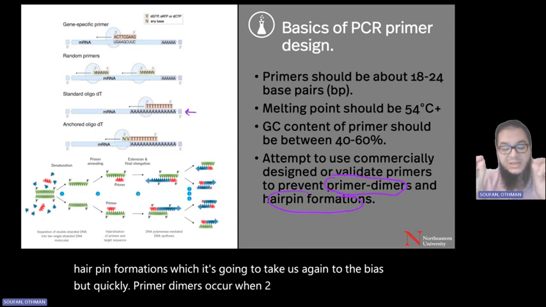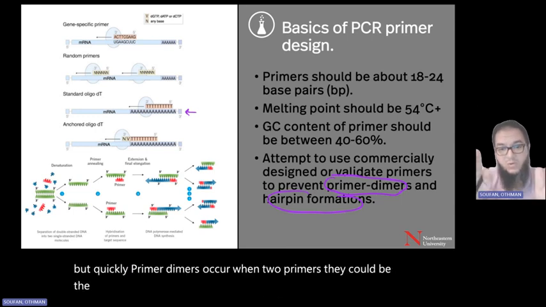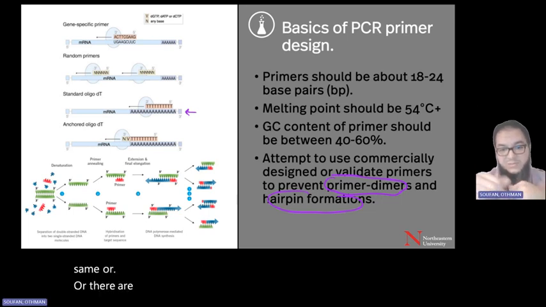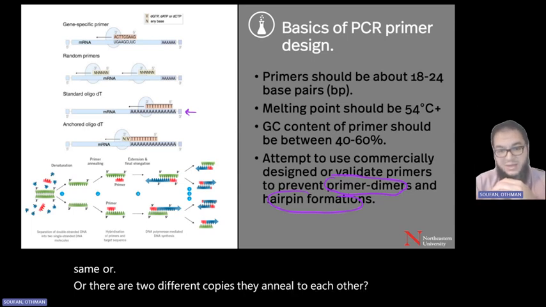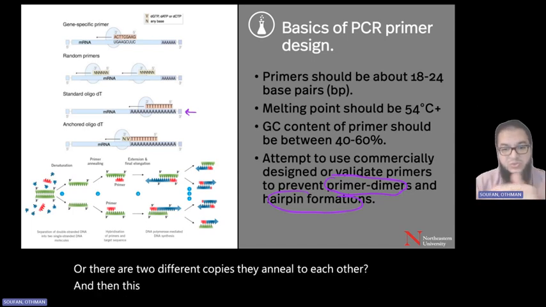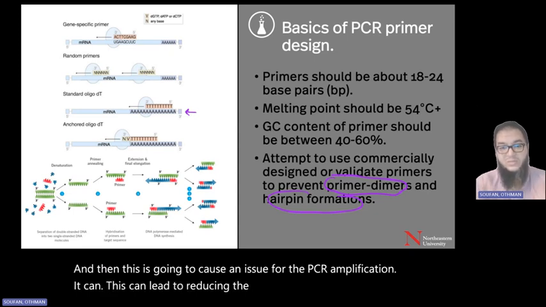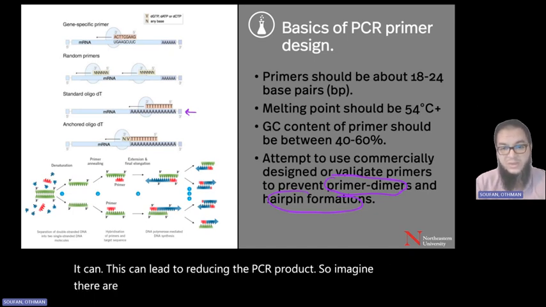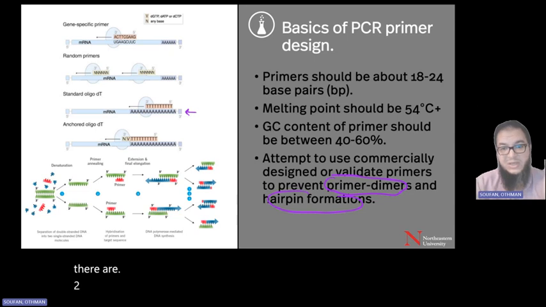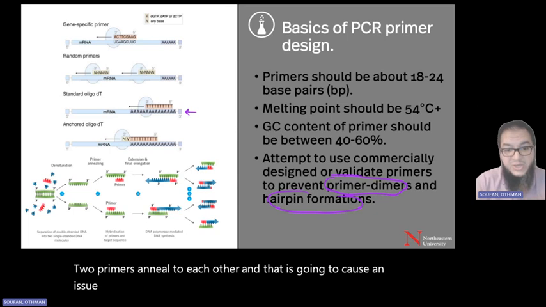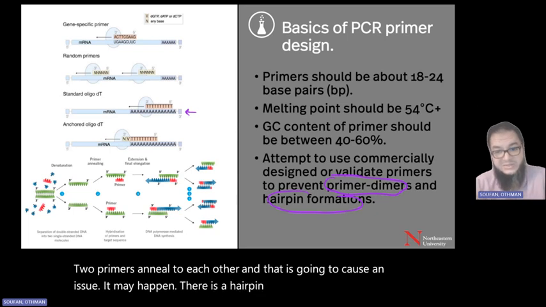they could be the same, or they are two different copies, anneal to each other. And then this is going to cause an issue for the PCR amplification. This can lead to reducing the PCR product. So imagine there are two primers that anneal to each other, and that is going to cause an issue. There is also the hairpin. It's a different thing.